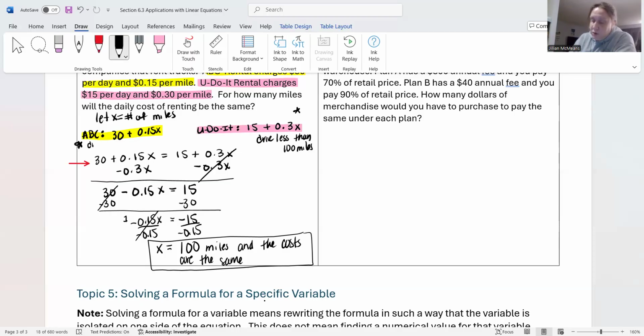So this one, if you drive more than 100 miles. Now, I'm not asking you to necessarily analyze that, but that is why you use these break-even problems. They just kind of help you make those business type decisions where you're picking between two companies like that. Okay. Now, they don't always have to involve money, but they typically will. Okay. So that is a break-even problem.